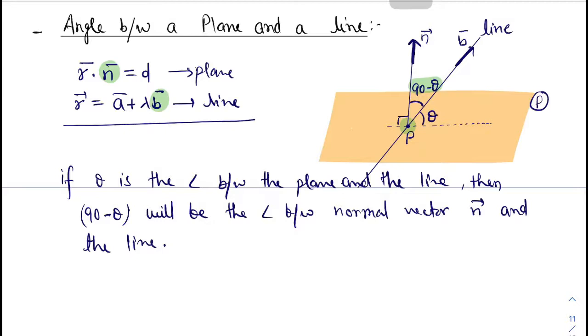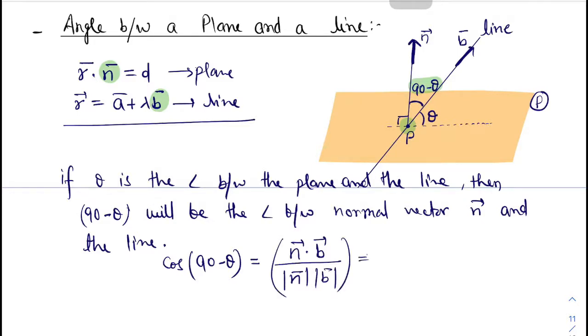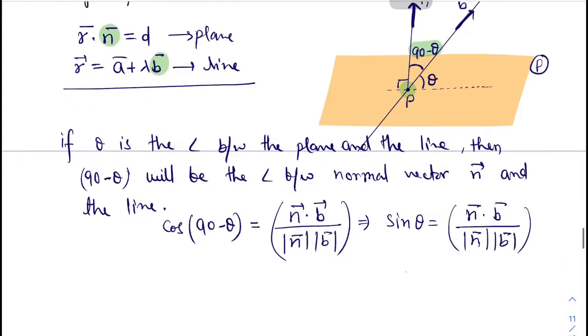So we can write cos of 90 minus theta as dot product of normal vector and parallel vector divided by the product of their magnitude. So we get sin theta is equal to n vector dot b vector divided by mod of n vector into mod of b vector, and finally we can write theta to be sin inverse of n dot b vector divided by this.